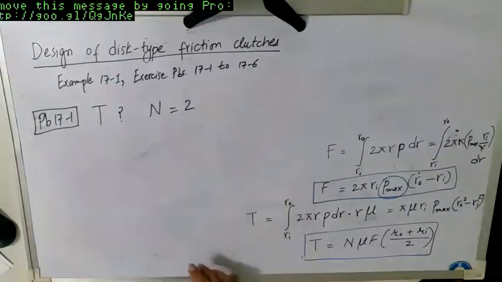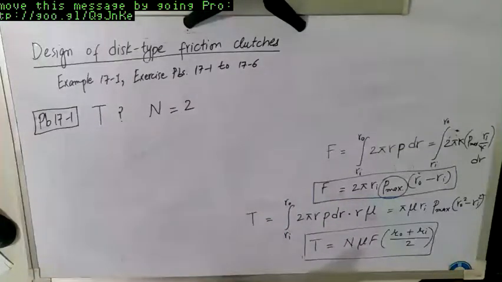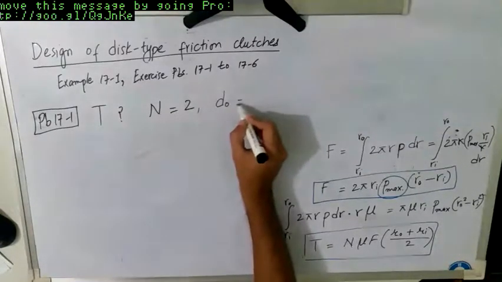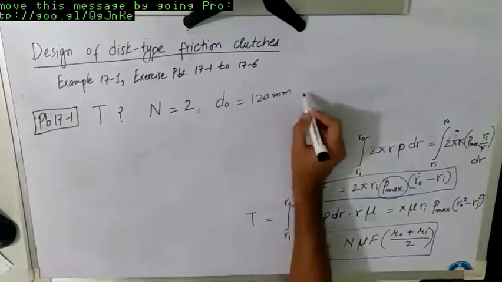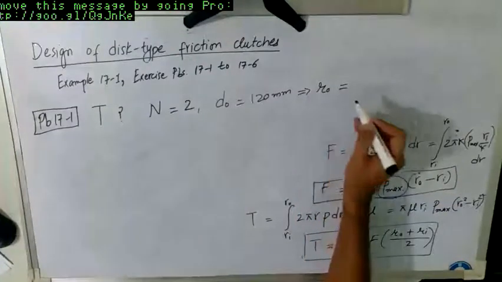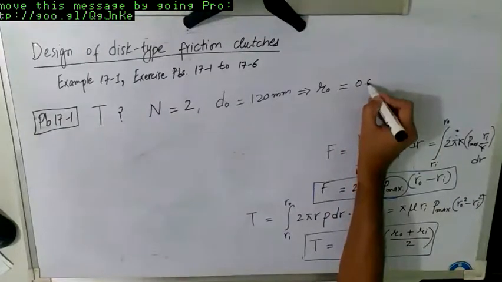It means no oil has been used to lubricate or to take out the heat from the clutch. Its outside diameter is given as D naught is equal to 120 millimeter. So this implies that R naught will be equal to half of this, and I will write directly in meters.